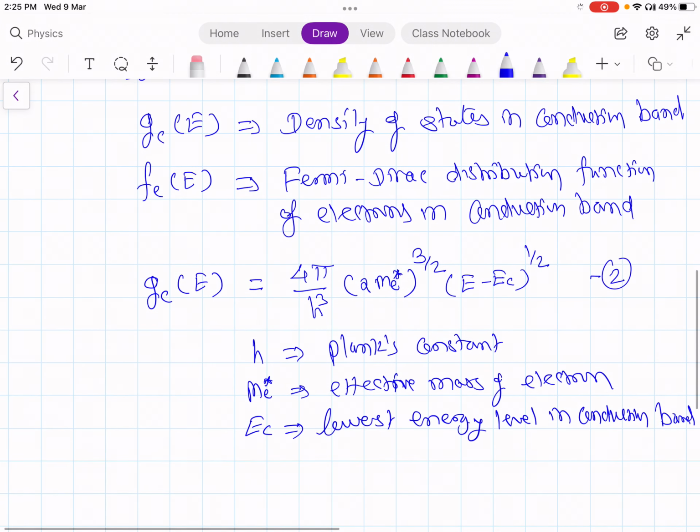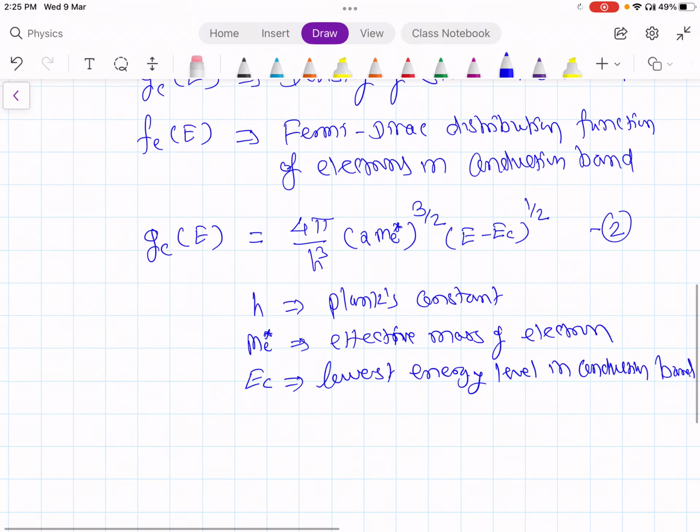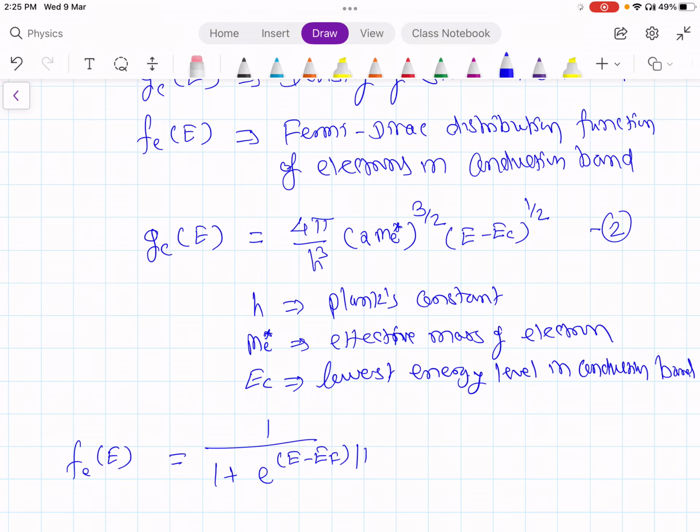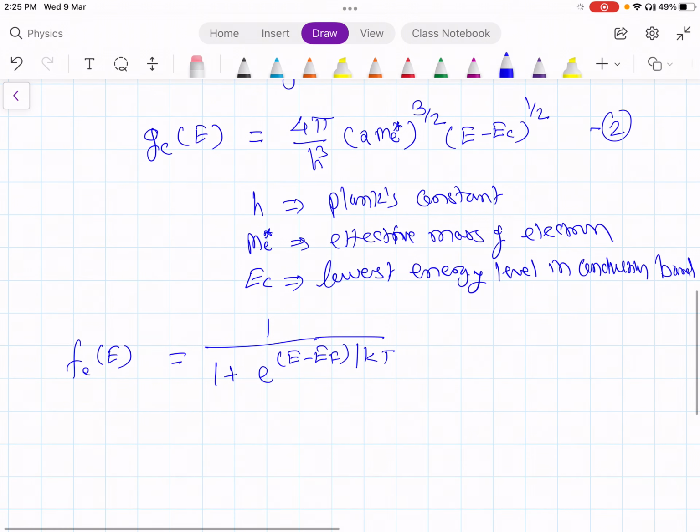And then the probability function, Fe of E. This Fe of E is equal to 1 upon 1 plus e raised to E minus Ef by kT, the Fermi-Dirac distribution function.